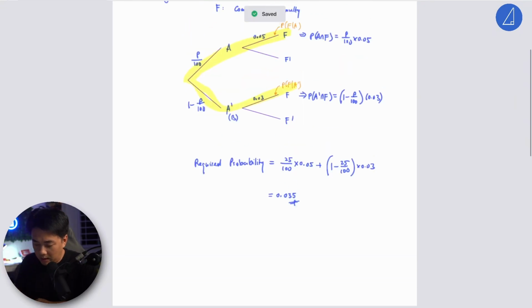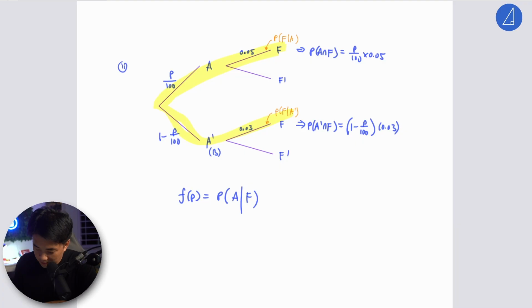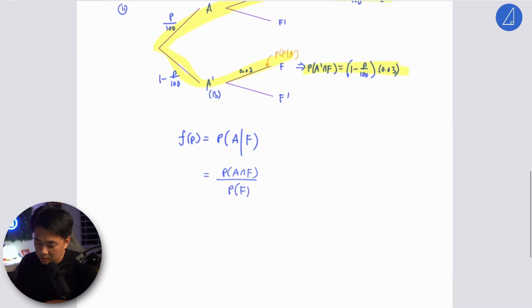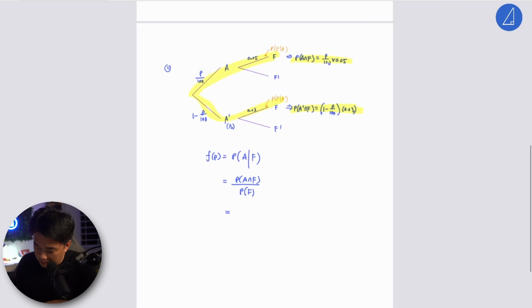So I'm going to write this down. Look at the tree diagram; the tree diagram is important now. So f(P) is P(A given F), which is P(A intersect F) divided by P(F). P(F) is not an issue because we already found it previously in generic form, for a general value of P. So divide by P(F).